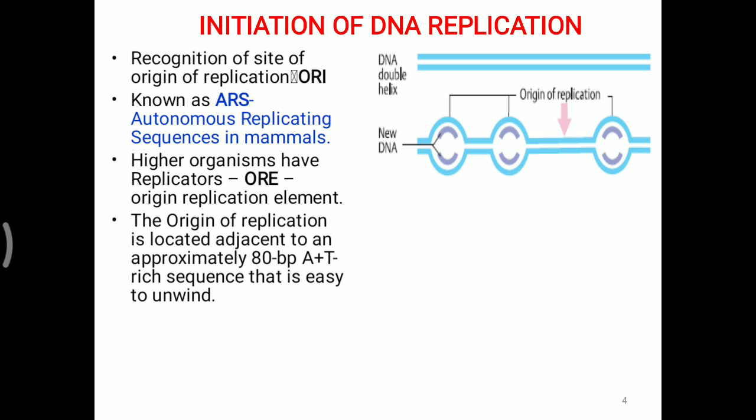In DNA structure, A-T contains two hydrogen bonds, which are comparatively easier to break than C-G, which contains three hydrogen bonds. So the A-T rich sequence is identified and used as the origin of replication.